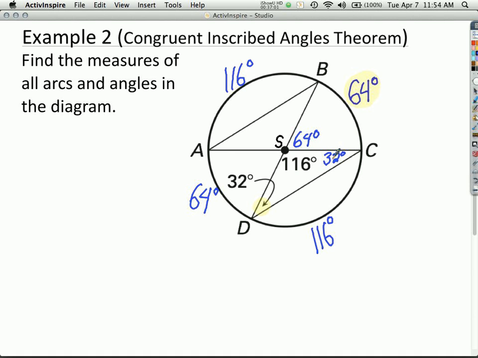Team F, student number 18. ASD is 64 degrees. Very good. How could you prove it? Beautiful. Vertical angles. Team A, student number 1, give me another detail.